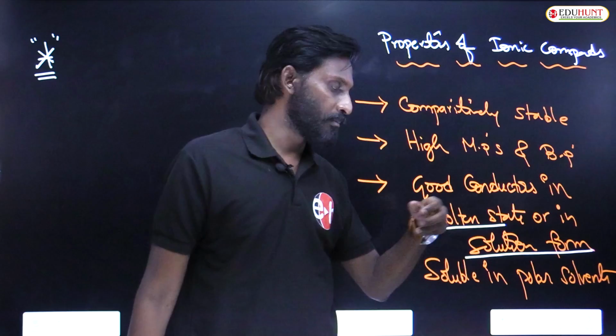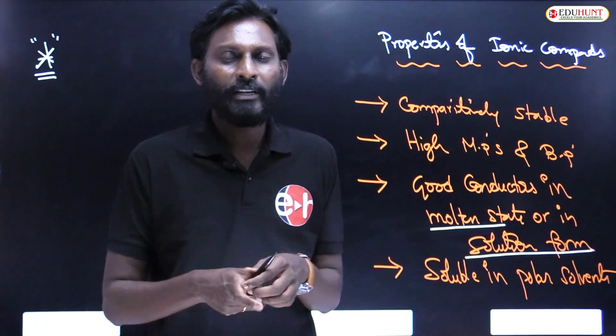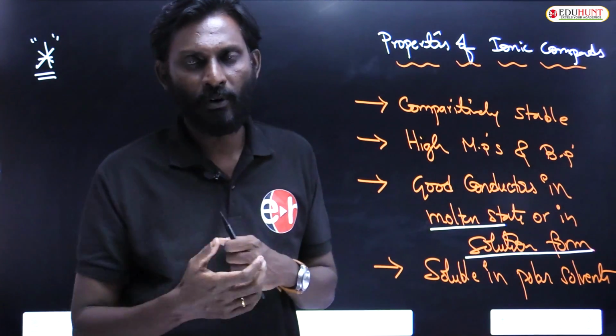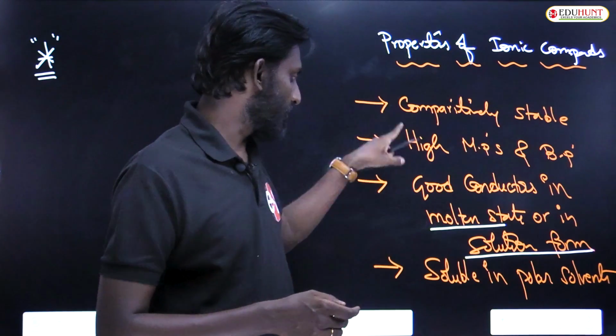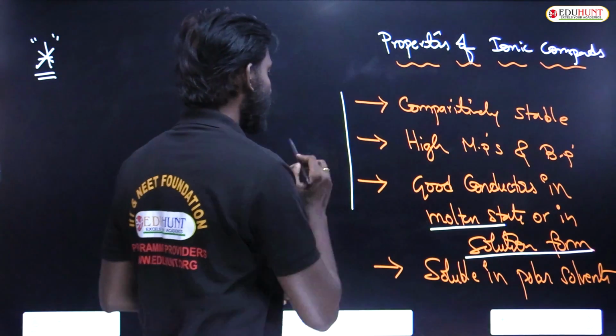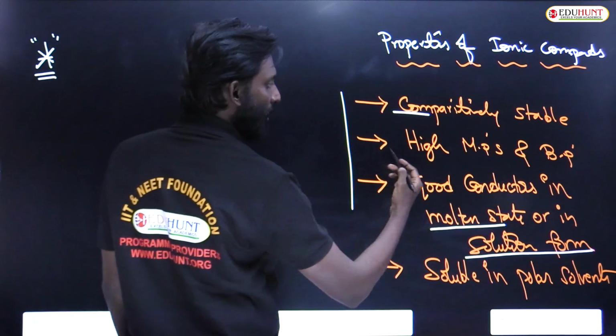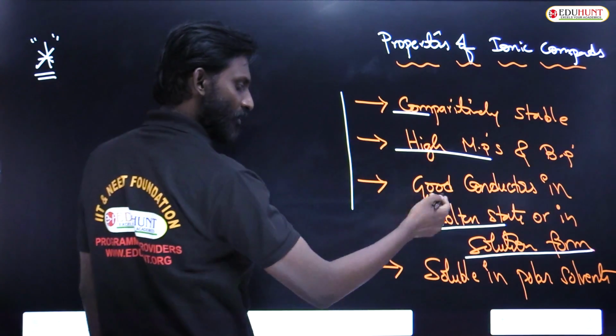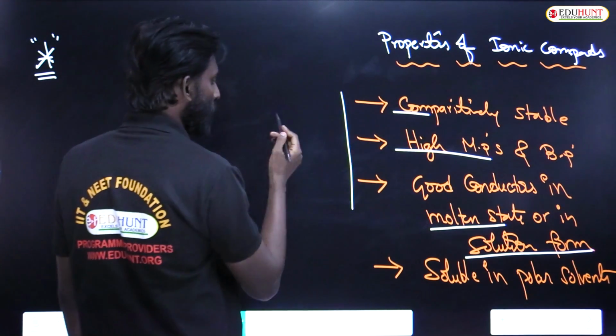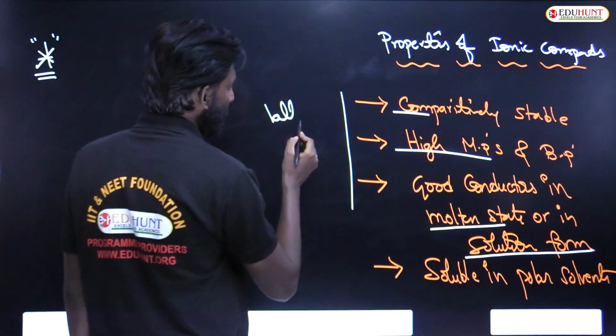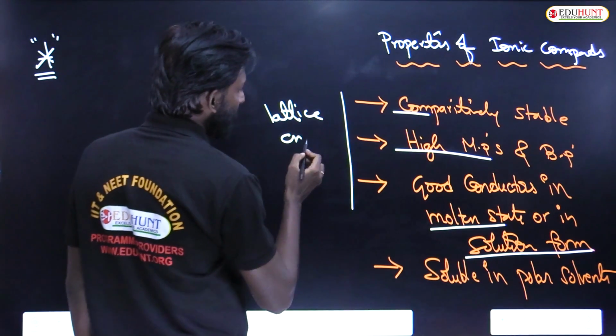Solubility of ionic compounds in polar solvent is going to be very important. All the other factors, stability, high melting points and boiling points, good conductance, more or less depend upon lattice energy only.